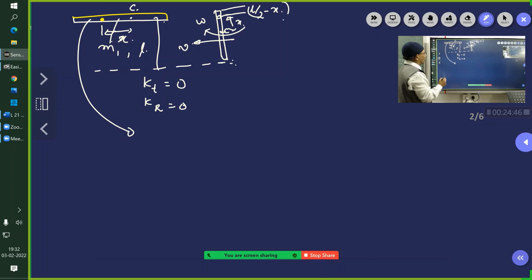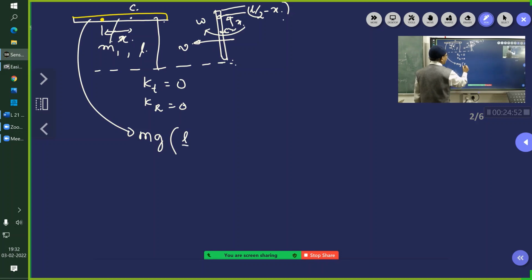So what will be the potential energy of this? mg into L by 2 minus x at that position. Plus x.